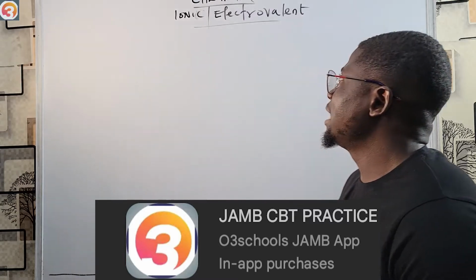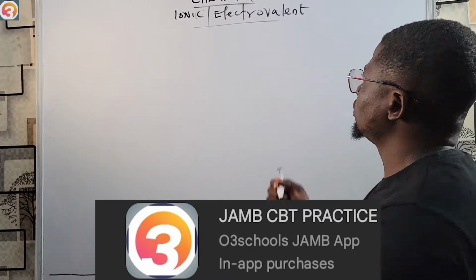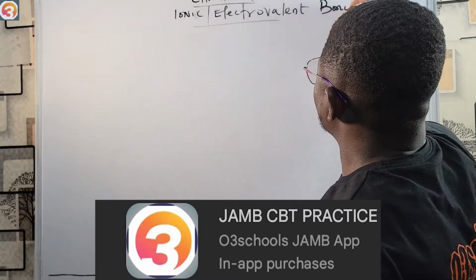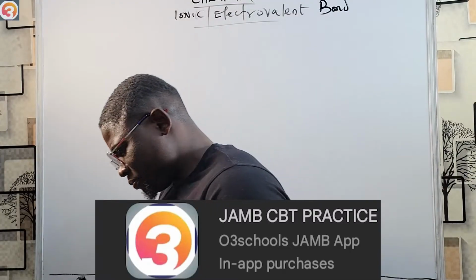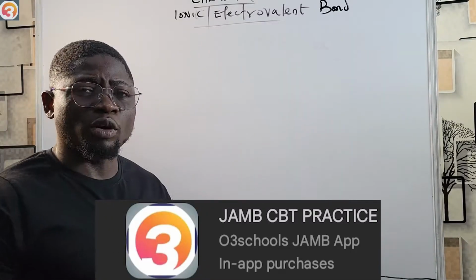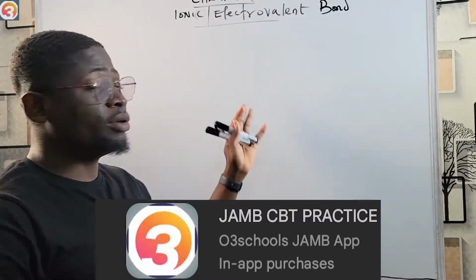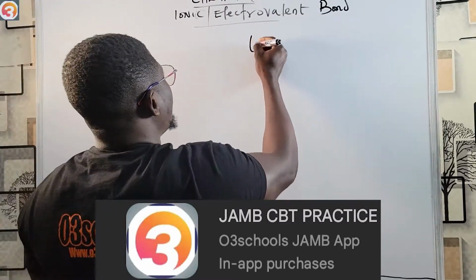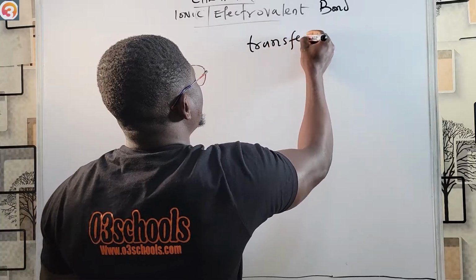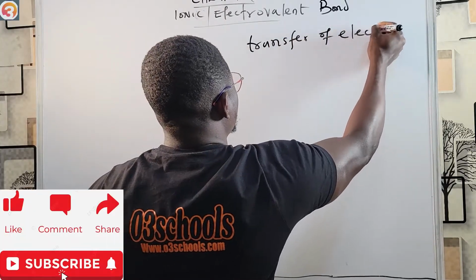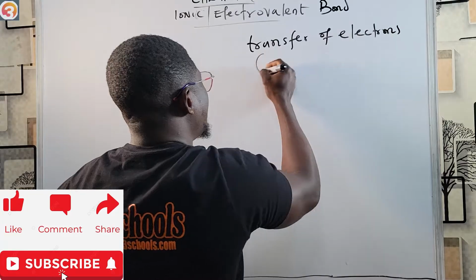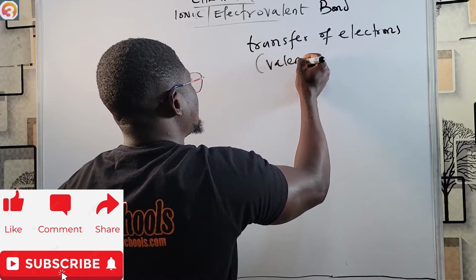Now we're going to look at the ionic or electrovalent bond today. In this type of bonding, that is in electrovalent or ionic bonding, there's usually a transfer of electrons. These electrons are the valence electrons.